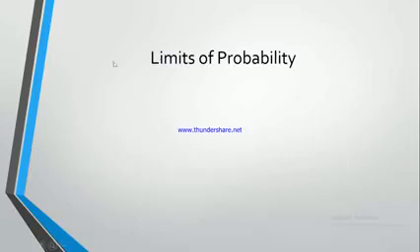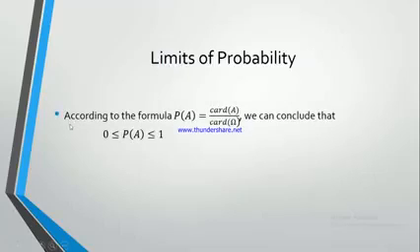So the limits of probability, or the bounding of probability, according to the formula that we have given: the probability to realize an event A is the cardinality of A over the cardinality of omega. We can conclude that any probability is bounded by 0 and 1.